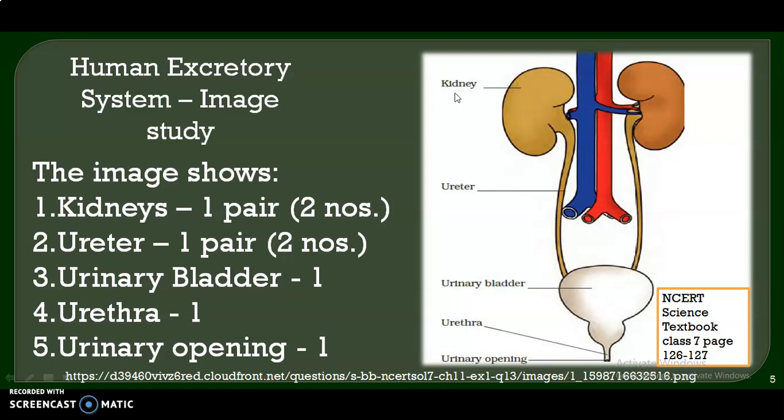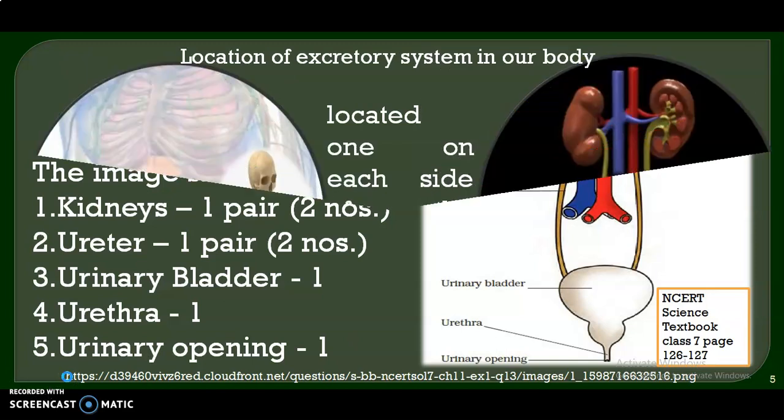Human excretory system consists of kidneys, ureters, urinary bladder, urethra, and urinary opening. You can also find the same image in NCERT Science Textbook, Class 7, page 126 and 127.